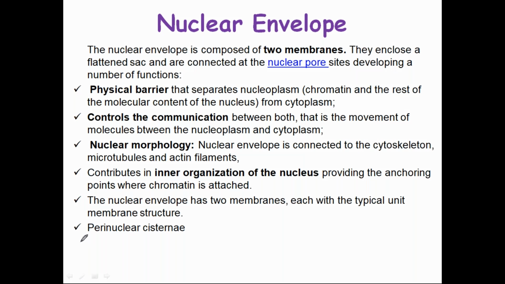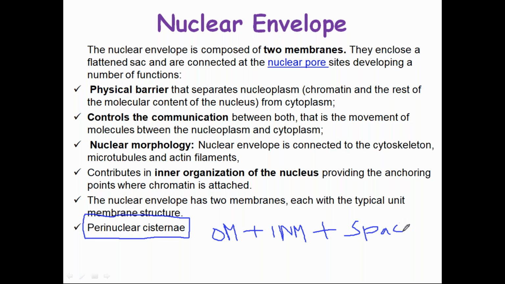One thing here is the perinuclear cisternae. Perinuclear cisternae is outer nuclear membrane plus inner nuclear membrane plus the space. All these three together are called the perinuclear cisternae.